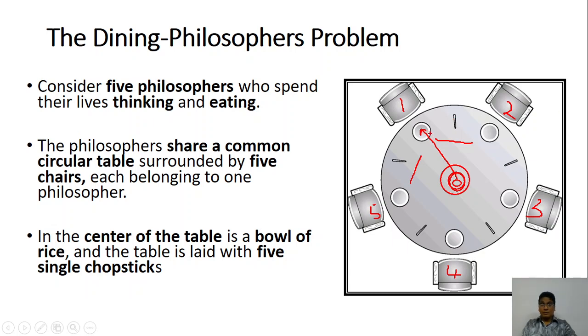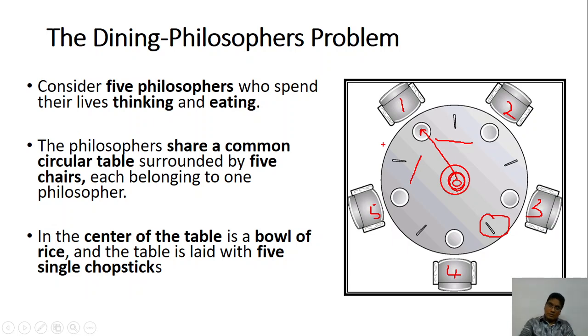Remember, the philosopher is a very decent person, so they don't go somewhere else and take chopsticks from there. They will try to grab the two chopsticks on the left and right side. If they get hold of them, they will start eating without releasing the chopsticks. Once they have completed eating, they will release their chopsticks, and this process will continue.